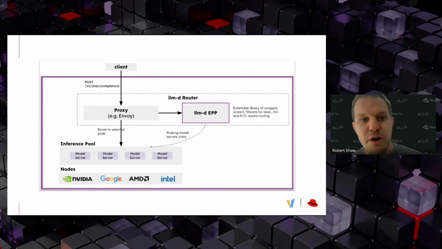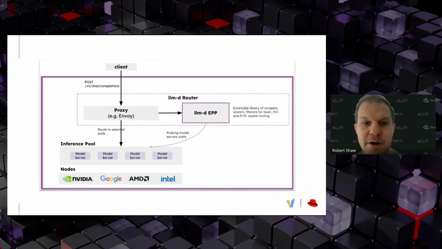When a client request comes in to this router, the EPP contains all of the special LLM serving logic. And most importantly, one optimization is prefix cache awareness. This can give by far the most bang for the buck of any optimization we have in llm-d.